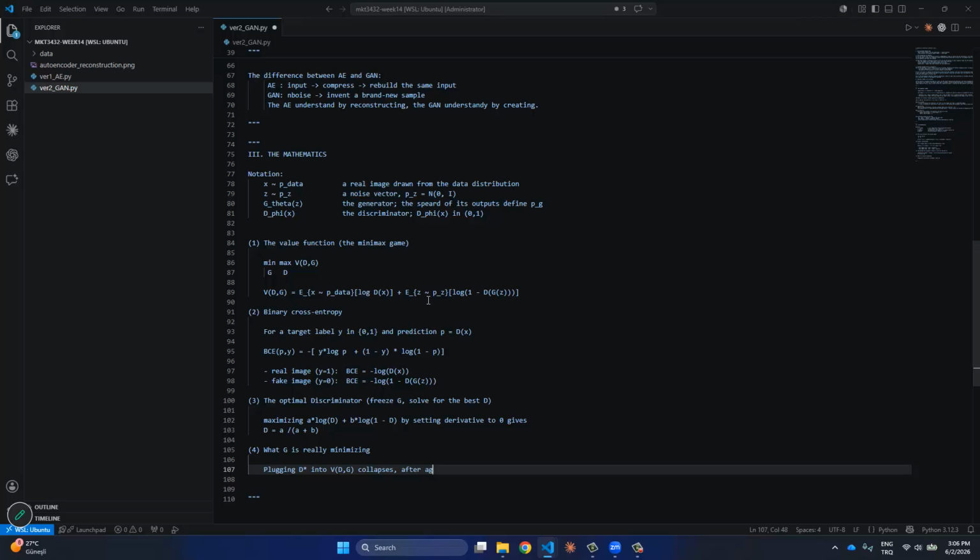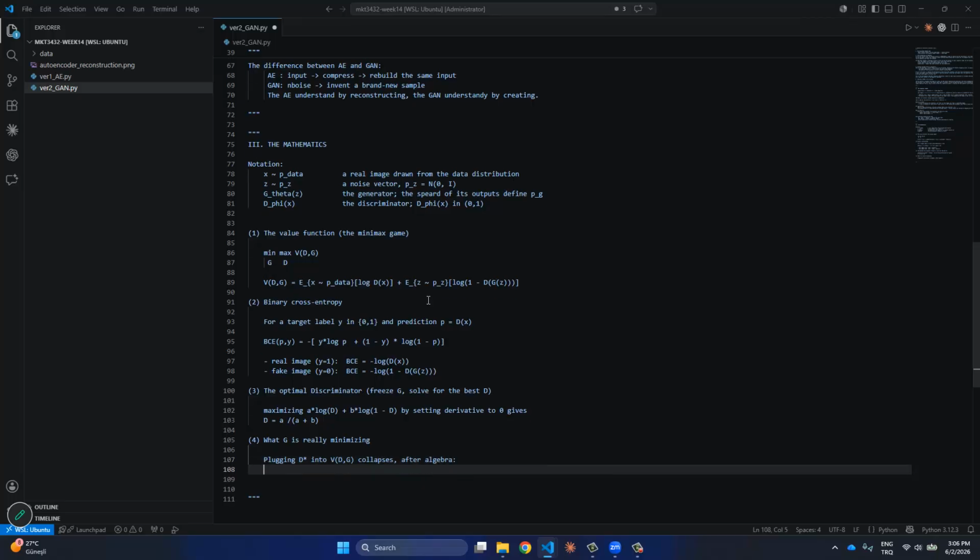After algebra, V(D*, G) is equal to minus log 4, because 1/2 times 1/2 is given here, plus 2 times the Jensen-Shannon divergence between P data and P G. So this is the punchline.